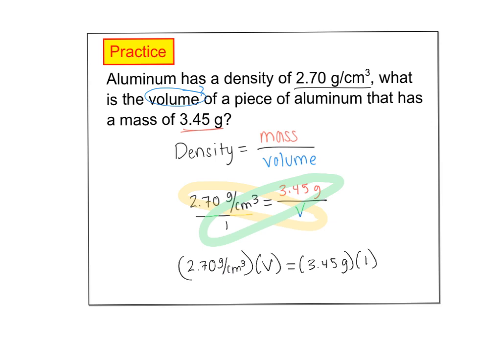Obviously we don't need to write that times 1. I'm just trying to make a little algebra statement for those of you who are a little rusty. Now to get V by itself, we have to divide both sides by 2.7 grams per centimeter cubed, and that unit stays with it.